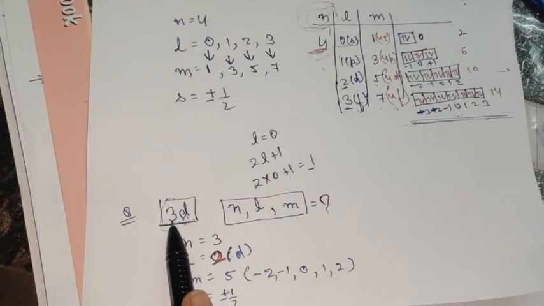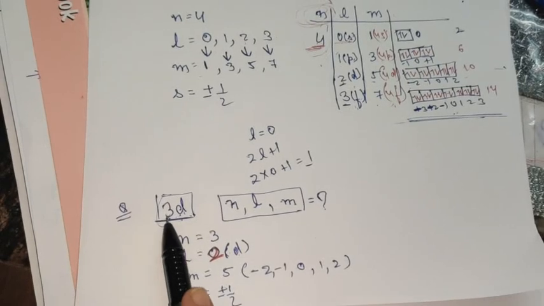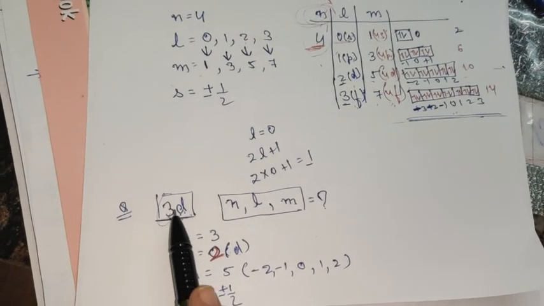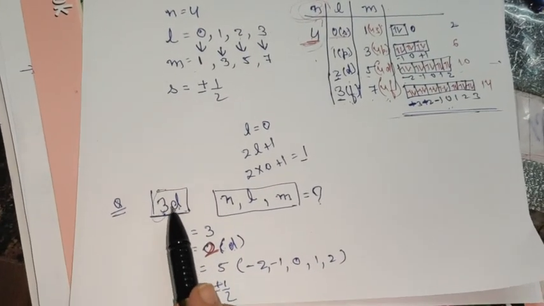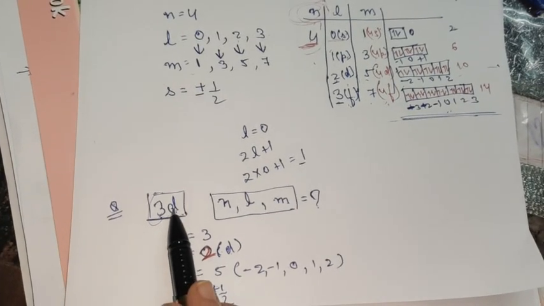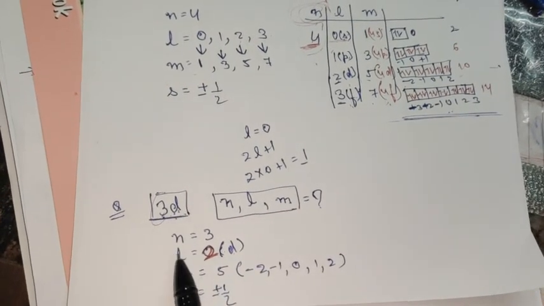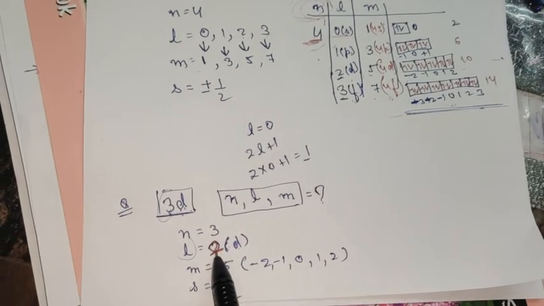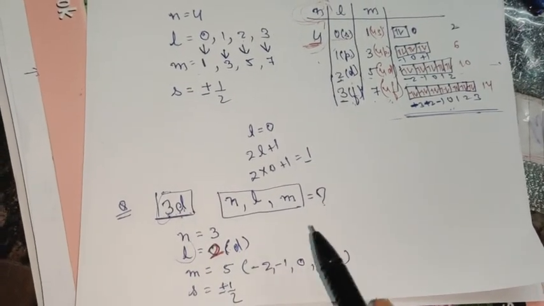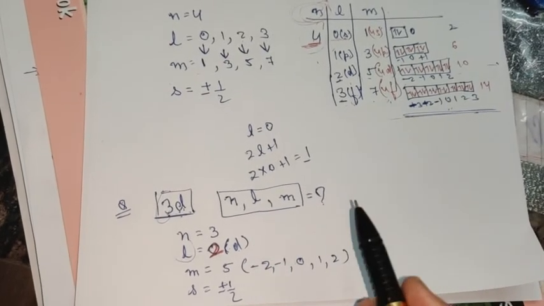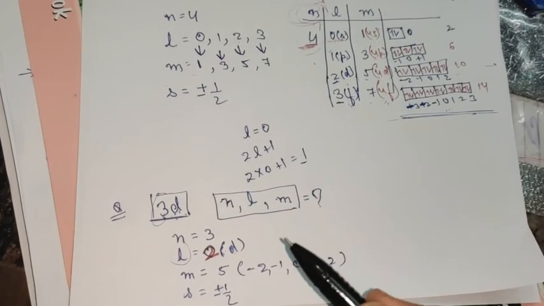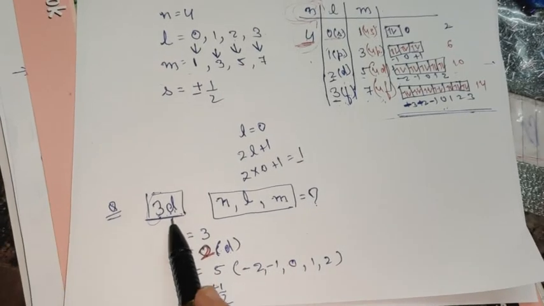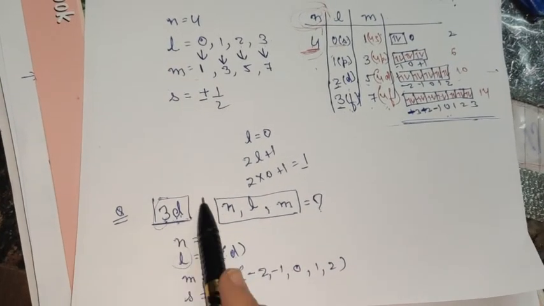It is only including the D subshell. That means the subshell is already given to you, and subshell information is obtained from which quantum number? The azimuthal quantum number. So you can directly mention 2 here. No need to write 0, 1 or any other number. If you include 0, 1, it will be marked wrong, because it is already specified here that we are only talking about this.